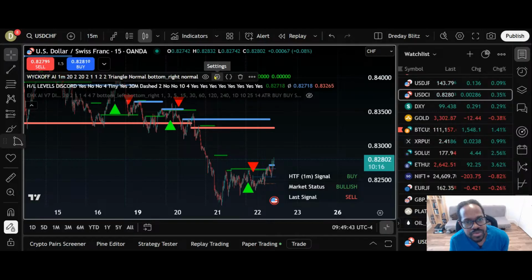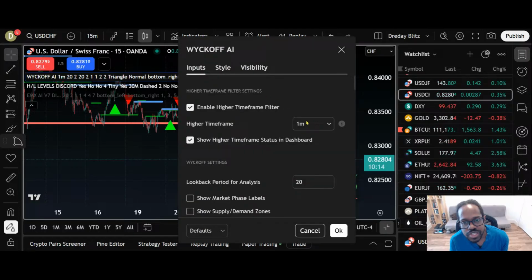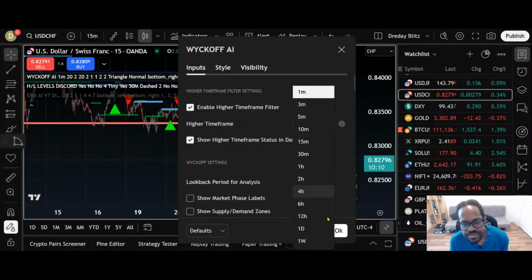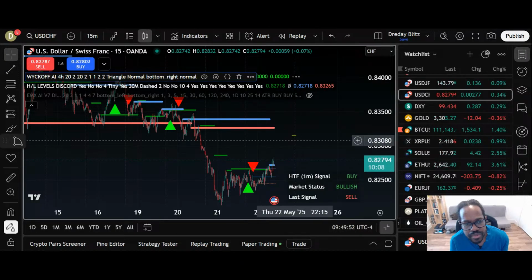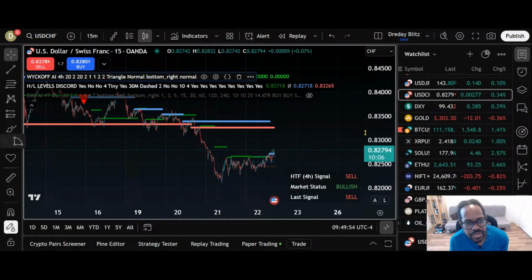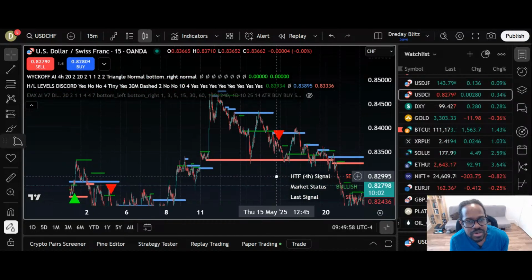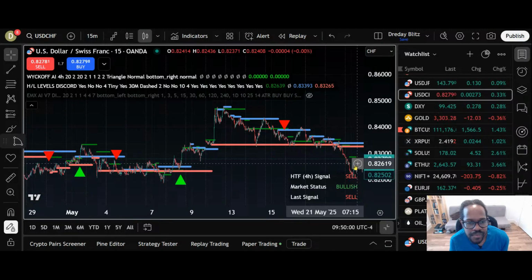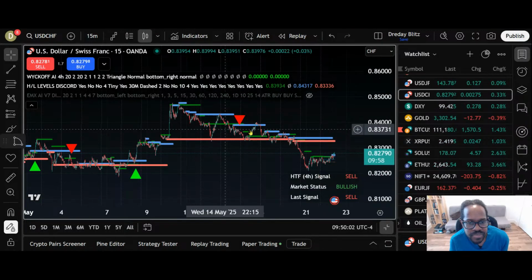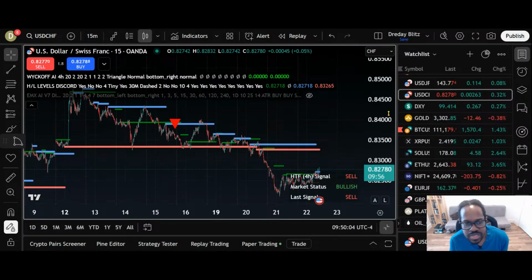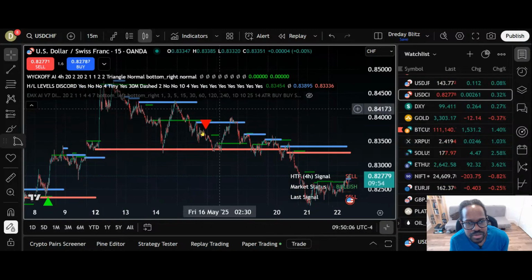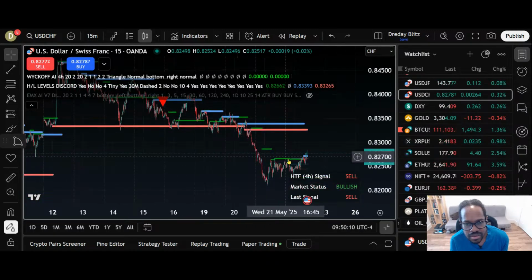So I'll give you an example here. I'll change this to 4. Okay, and you're gonna see that there's a big difference here. So this is a swing type of trade. You have a sell and it's still selling.